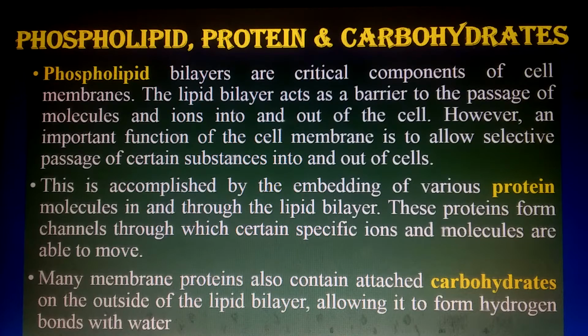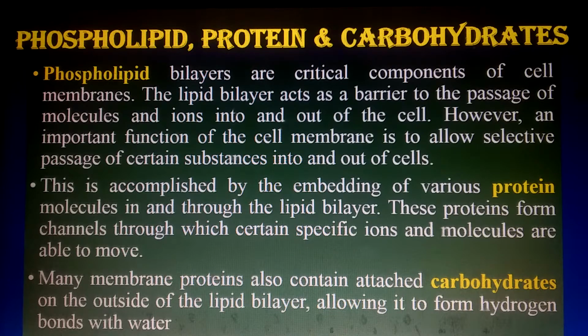Now the third one is the carbohydrates. Many membrane proteins also contain and are attached to carbohydrates, on the outer leaflet of the cell membrane as well as on the inner leaflet, because the cell membrane consists of two layers, the lipid bilayer.